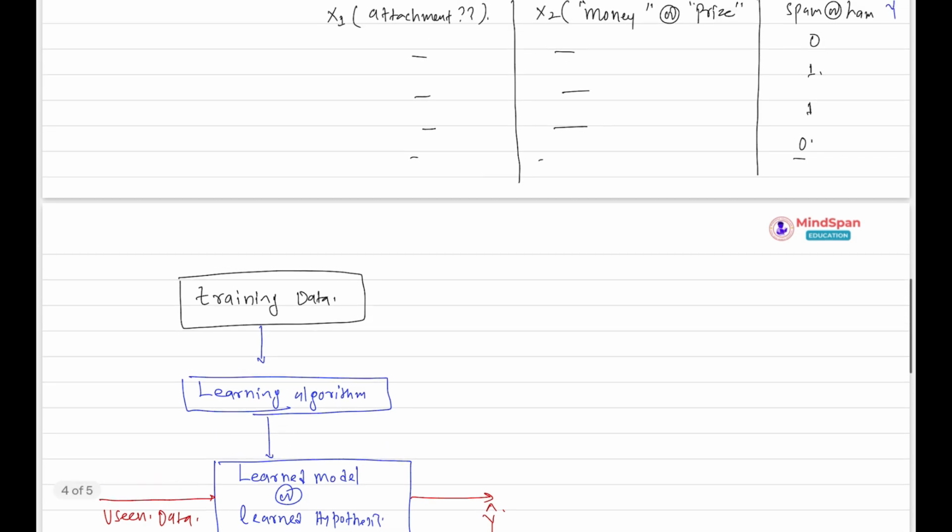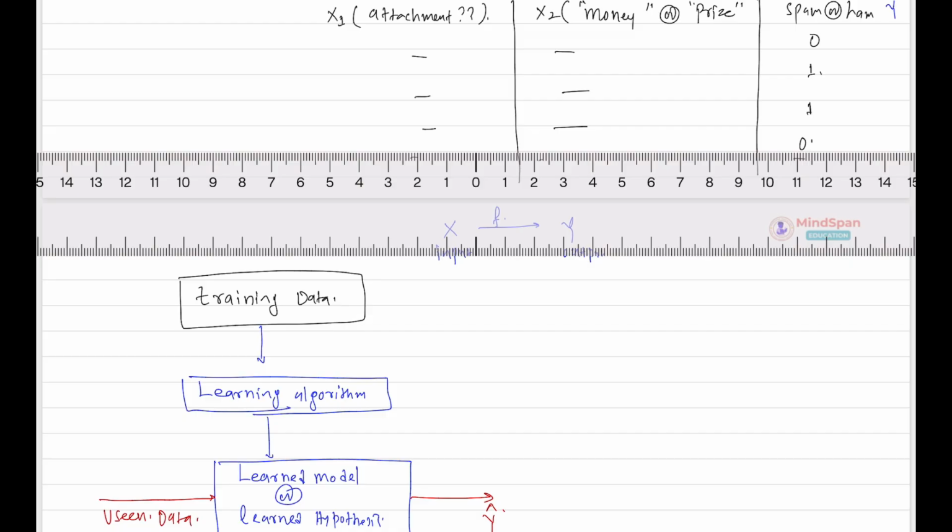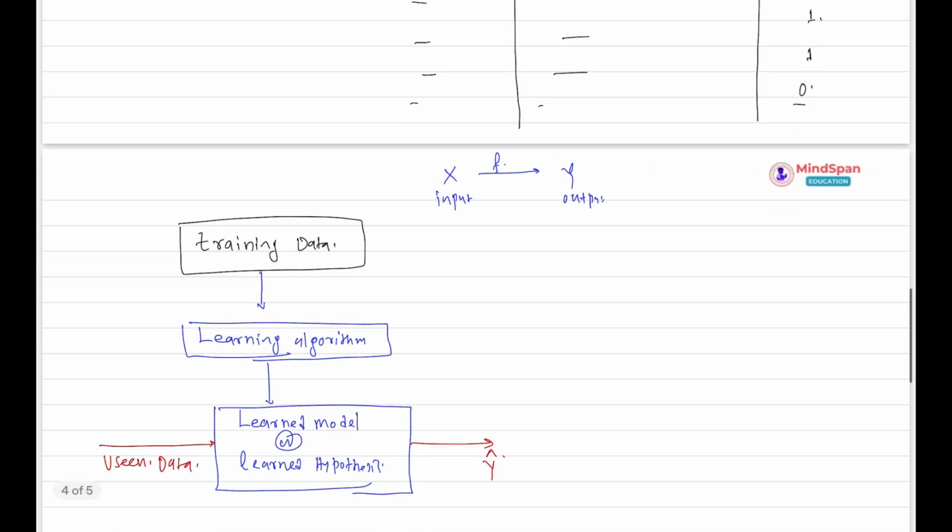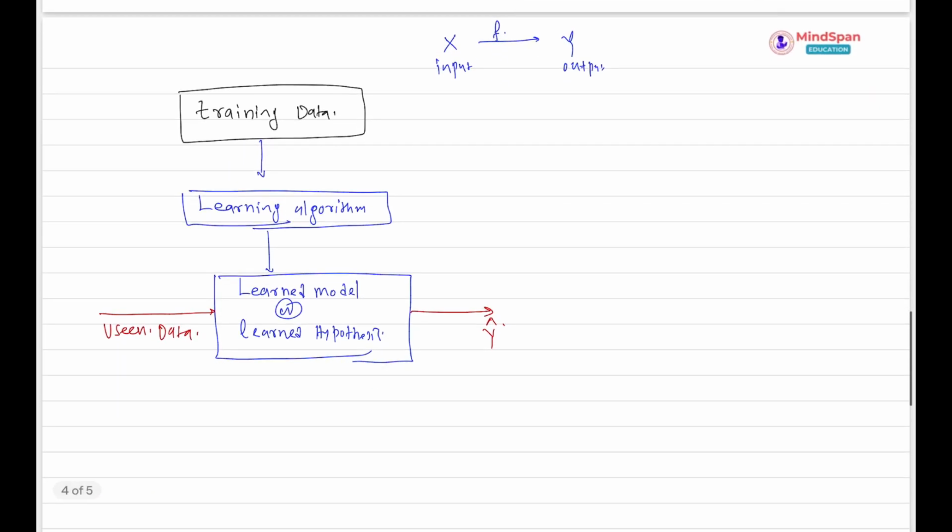So we have this input, and we have this output, and let's suppose that this is the ideal function that maps this input to output, right? And we don't know what this function is.